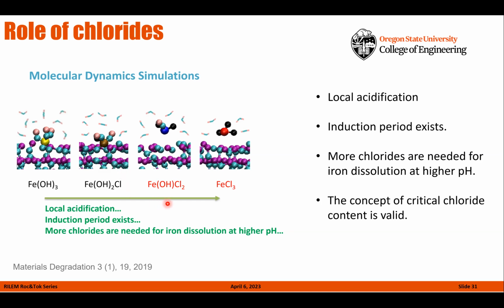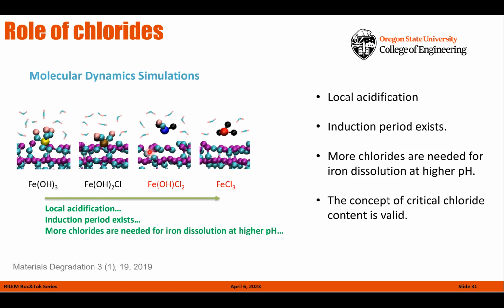You need additional chlorides, but that can only happen when you consume enough hydroxyl pairs so that chlorides can form these FeOHCl2, FeOHCl3 types of phases that are able to extract those iron atoms from the surface of the oxide or passive film, and create iron defects.